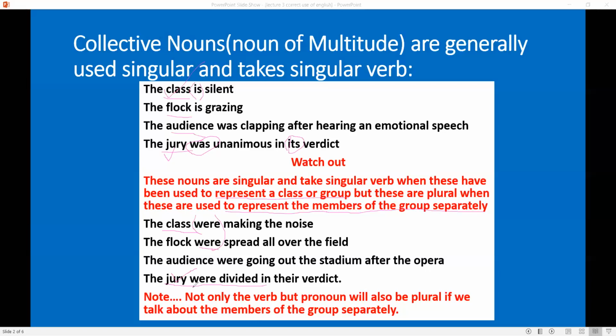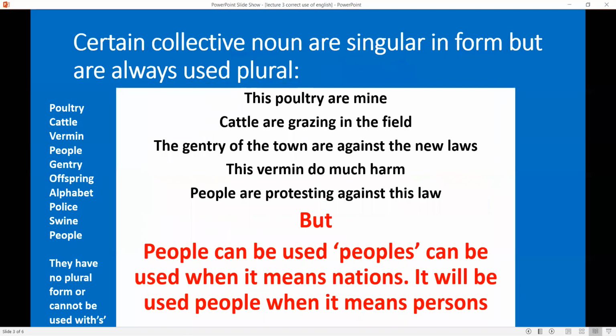So, jury becomes plural and it takes a plural verb, were, plus their pronoun has also become plural. Not only the verb, but the pronoun will also be plural if we talk about the members of the group separately. Keep this difference in your mind while speaking or writing, so you may write correctly and speak correctly.